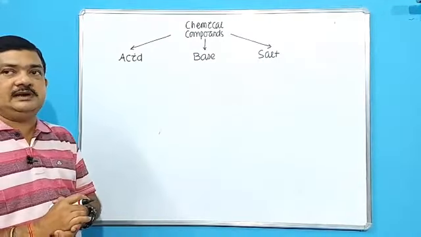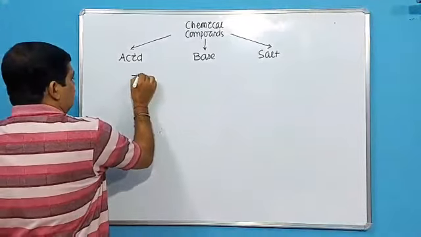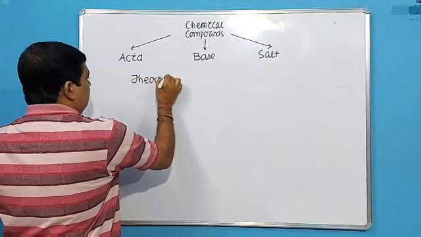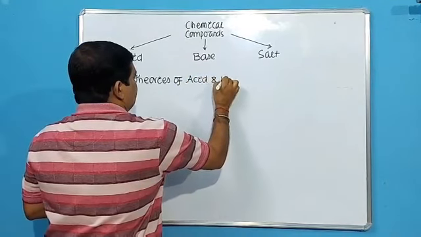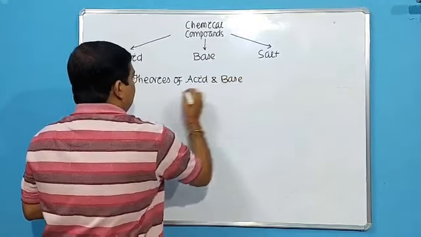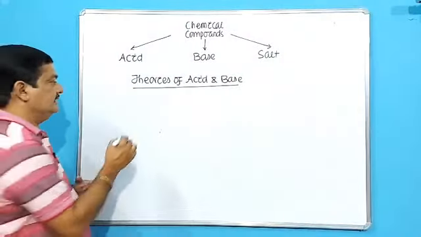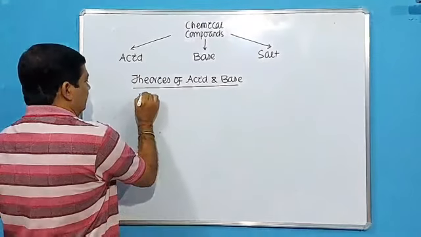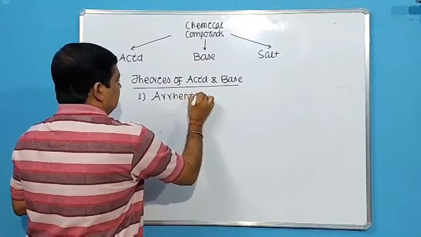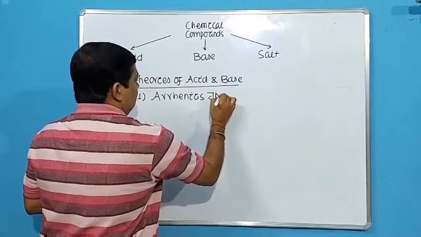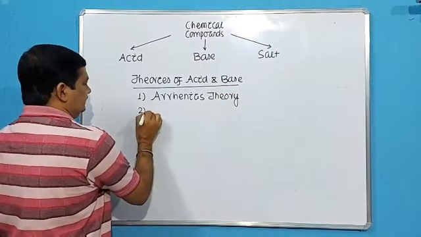There are many theories to explain what is an acid and what is a base, which we will be discussing in detail in the first year later on. Number 1 is called Arrhenius theory of acid and base.